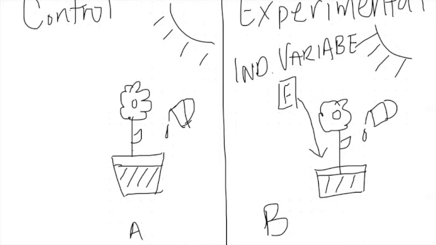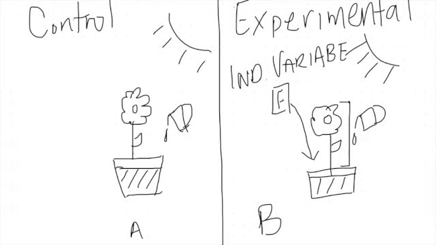And to see if the fertilizer actually works, we have to measure something. In this case, we're going to measure the height of these flowers. And since the height of those flowers is in relation to adding in that independent variable, that is going to be our dependent variable.